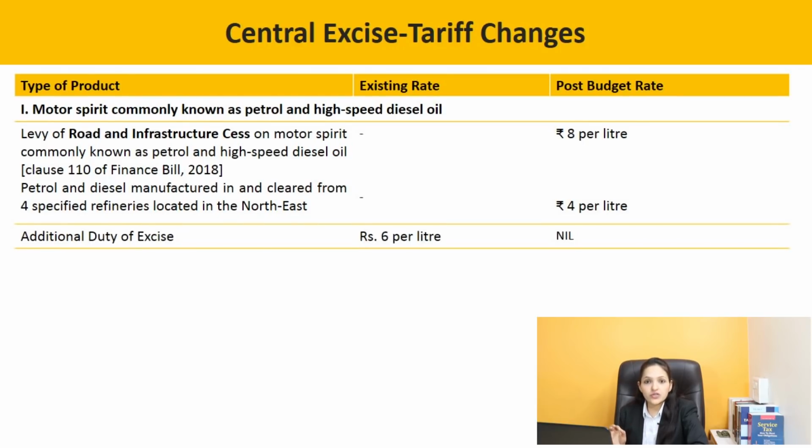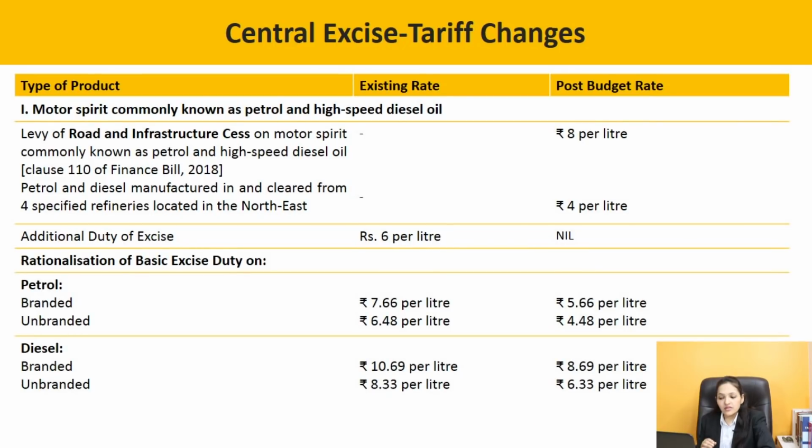The additional duties of excise on petrol and high-speed diesel oil of Rs 6 per litre has been abolished. There is a rationalization of basic excise duty on petrol and diesel. The basic excise duty on petrol and diesel has been reduced by Rs 2 per litre.